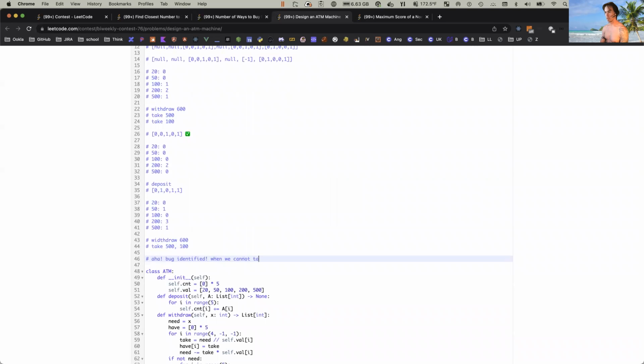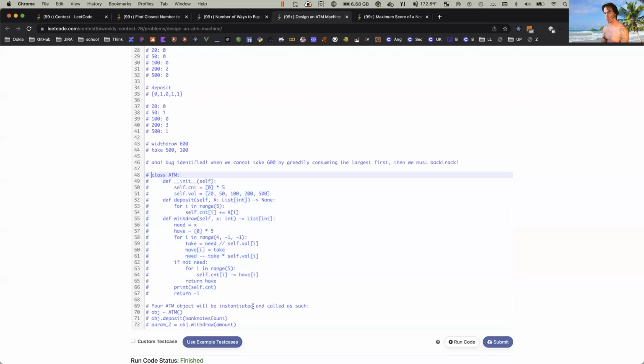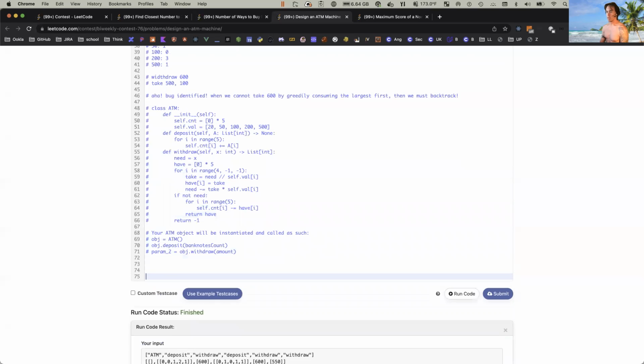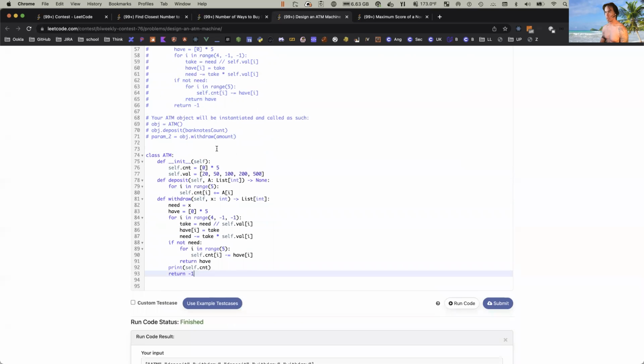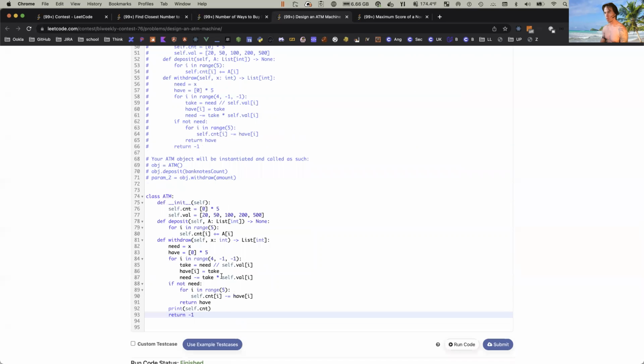When we cannot take 600 by greedily consuming the largest first, then we must backtrack, right? Okie dokie, so let's do backtracking.